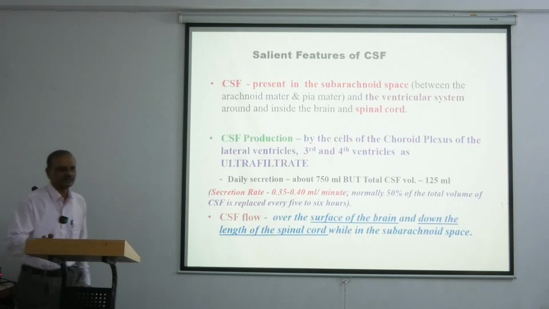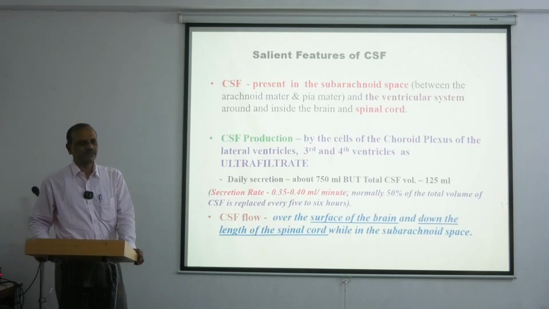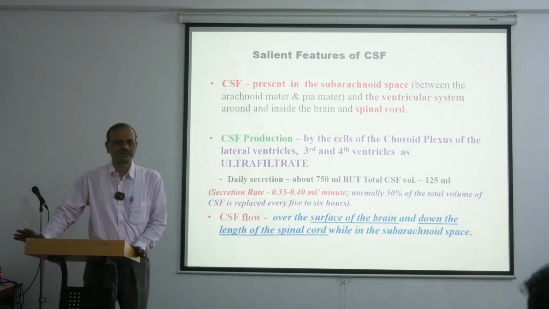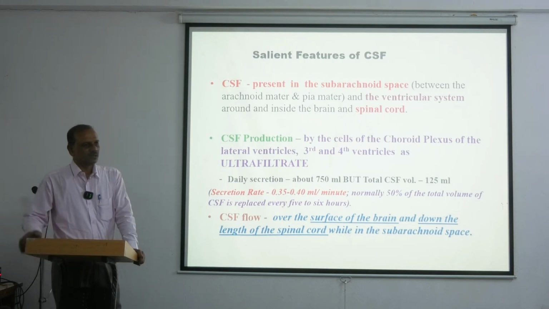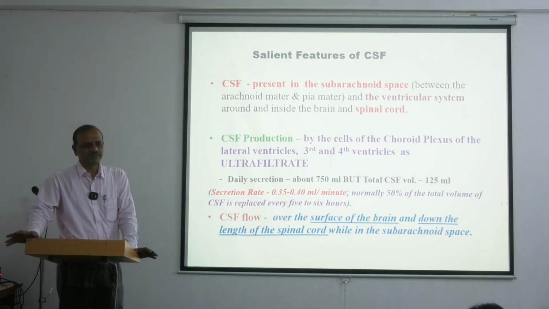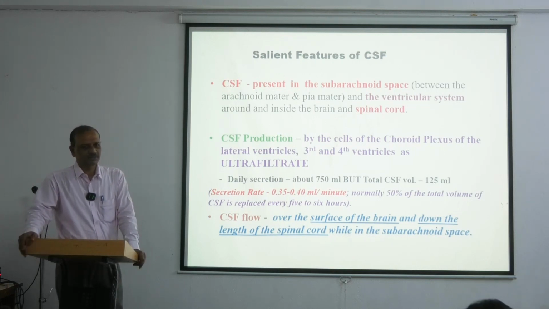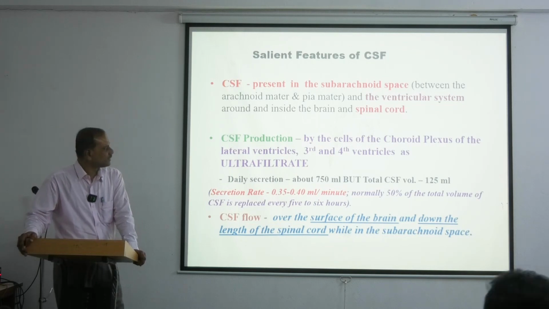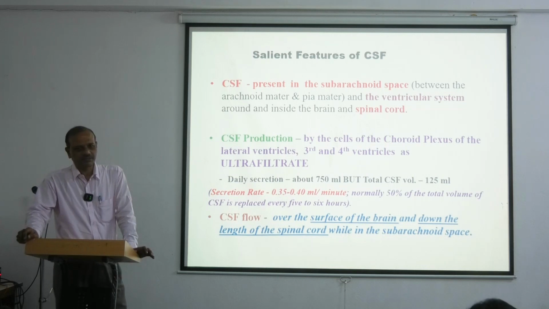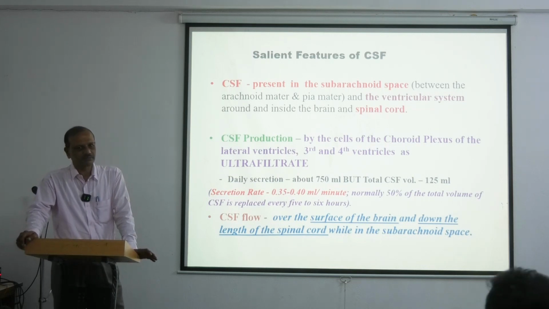So where is it present in the brain? Now categorically note down: CSF is present in the subarachnoid space. Of course, also in the ventricular system: there are two lateral ventricles, one third ventricle and one fourth ventricle.